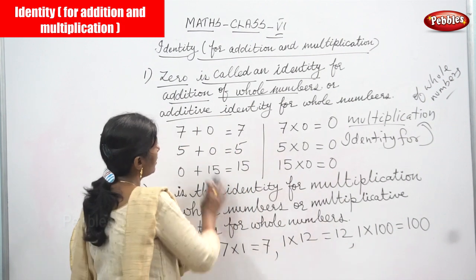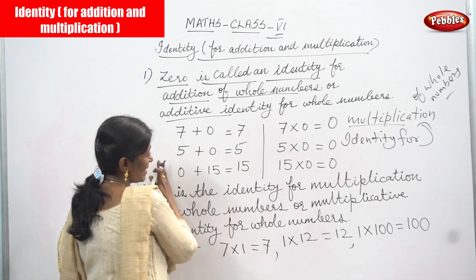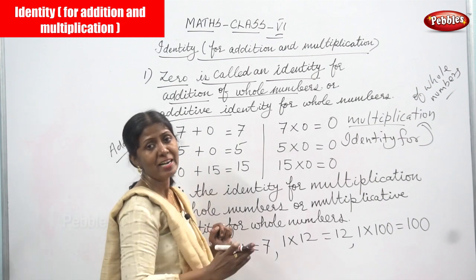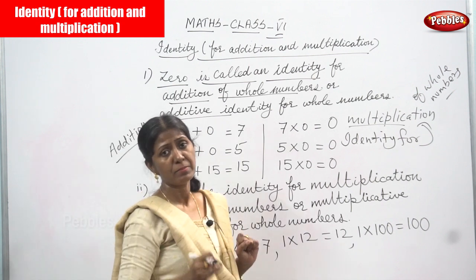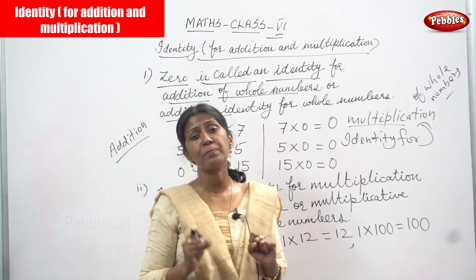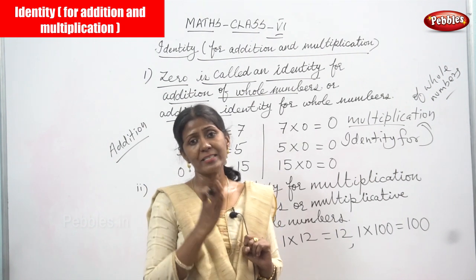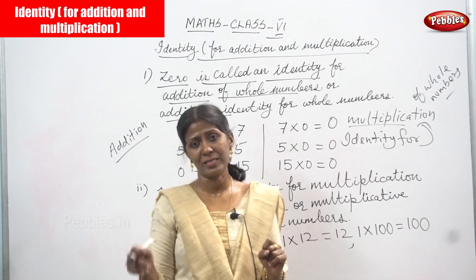So the identity for addition and multiplication is nothing but this: you can take any whole number, add 0, and you get the same number. That is the first property. The second property: you can take any whole number, multiply by 0, and you get 0. This is the identity for addition and multiplication.